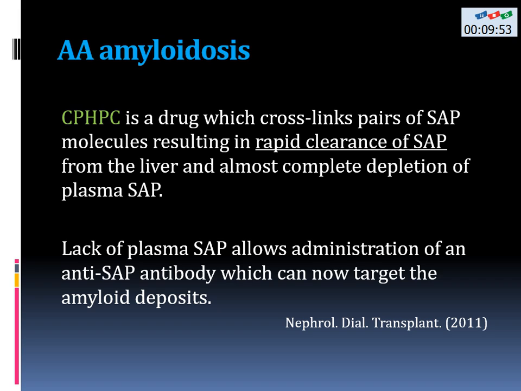The second step is the introduction of anti-SAP antibodies, which can now target the amyloid deposits. Now that there's no longer SAP in the plasma, they are free to target the amyloidogenic part. So this drug works in two steps: first, the rapid clearance of the SAP, and second, attack by anti-SAP antibody on the target organs where it is deposited.